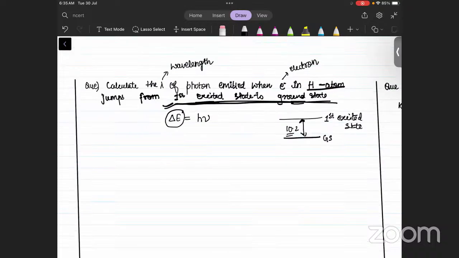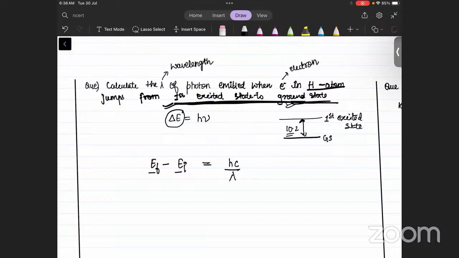So your delta E will be, so see what it is doing. It jumps from the first excited state to the ground state. So here it is E final minus E initial, which is equal to hc over lambda.